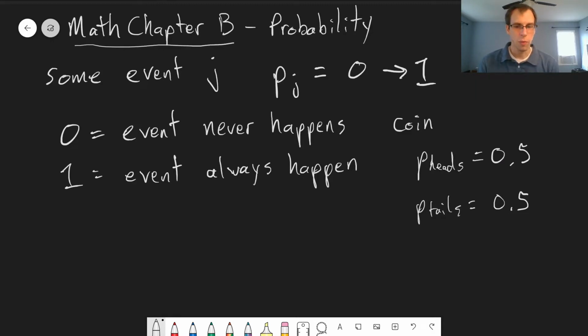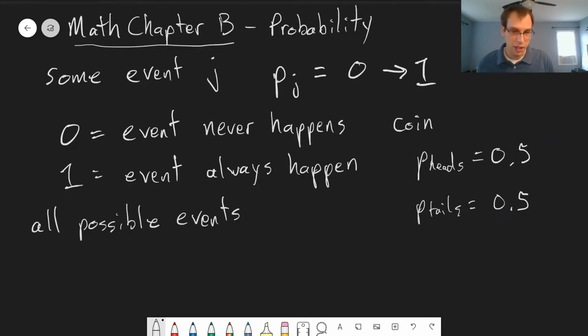One property of probabilities: if we consider all the possible events and add up all of their probabilities, well, something has to happen. So all of those will add up to 1. Mathematically, we can say that if we take the sum over all of our possible outcomes, J equals 1 to however many possible outcomes there are, those probabilities should all add up to 1.